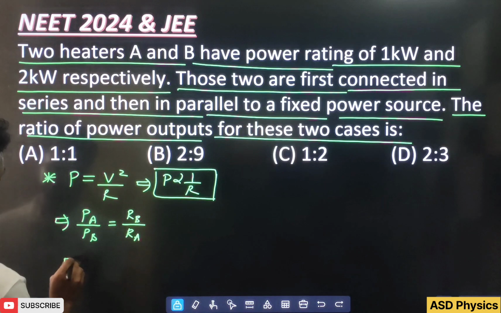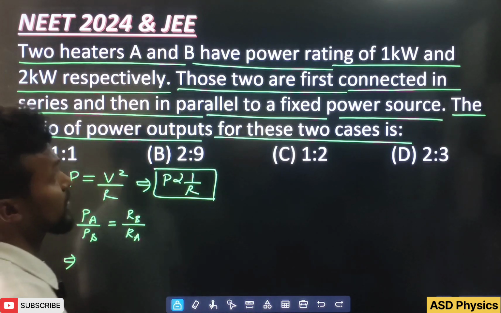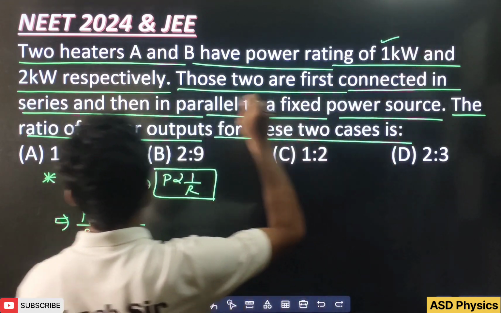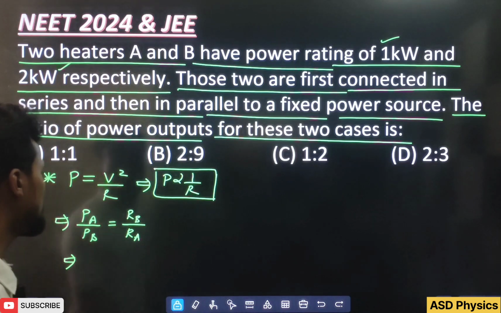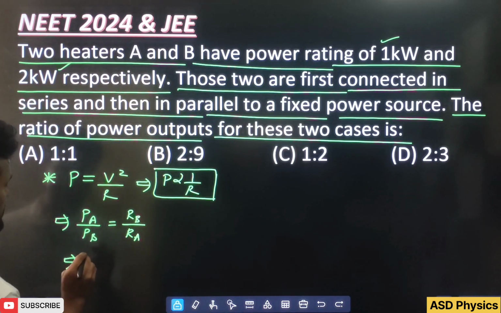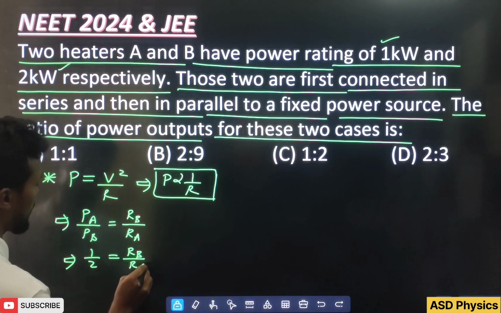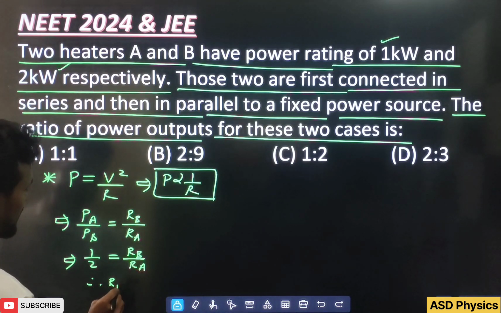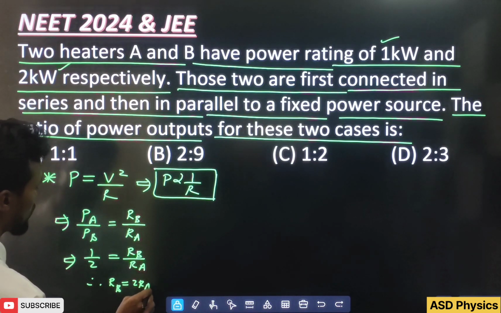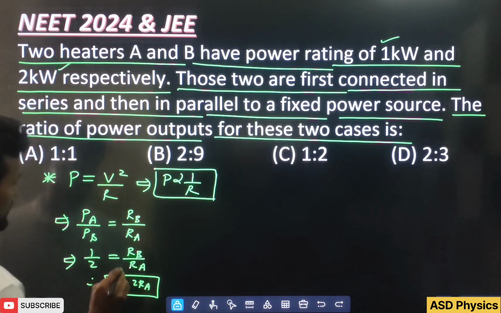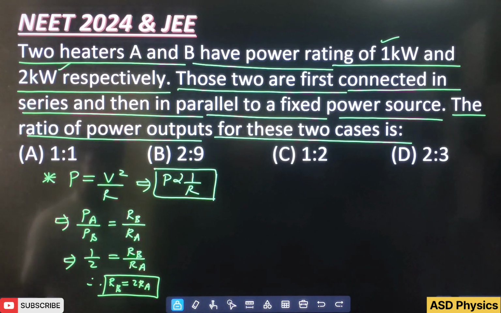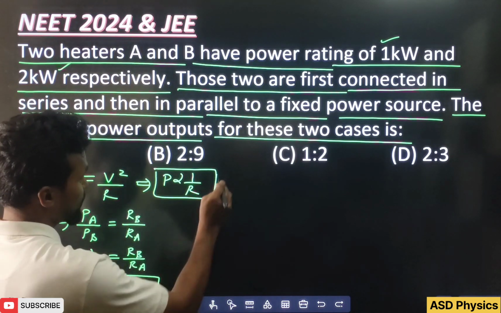The power ratings are 1 kilowatt and 2 kilowatt, so the kilowatt cancels, and 1 by 2 equals RB by RA. That means RB equal to 2RA. The first step is done.